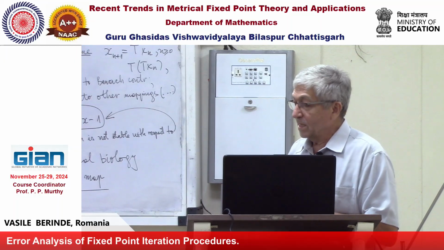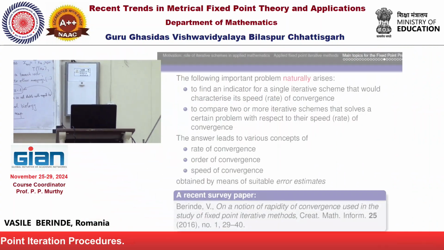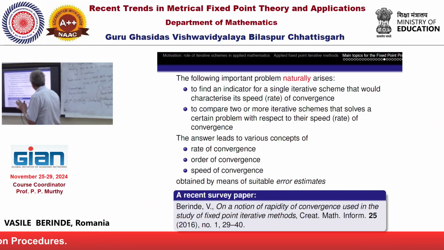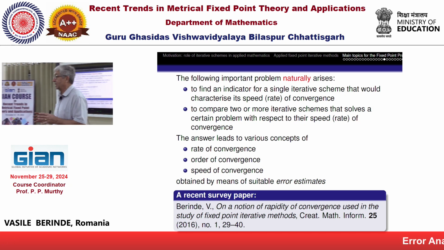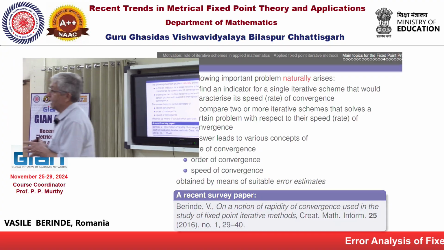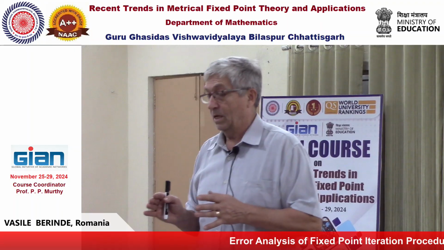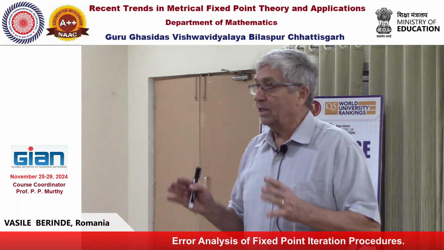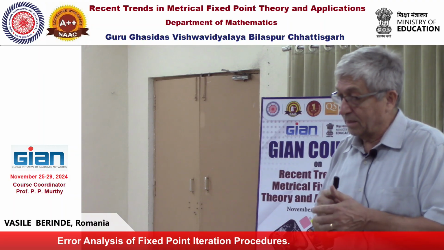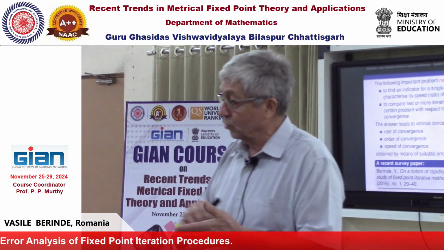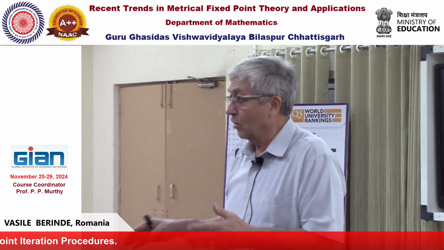So in the last part, just today, my intention was to draw your attention to the numerical aspects related to using iterative fixed point methods. This is not easy. We should be aware of the fact that any method could converge fast, or could converge slowly.